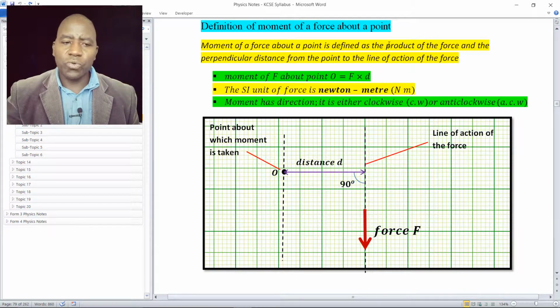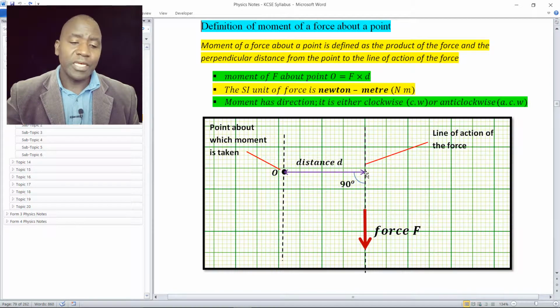Now, how are the force and the distance related to each other? I'd like you to observe that this dotted line here is the line of action of the force, in other words, the direction of the force. This is the point about which we are taking moments. The distance that is important here is the distance that makes 90 degrees with the line of action of the force.